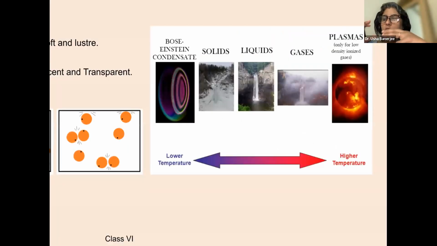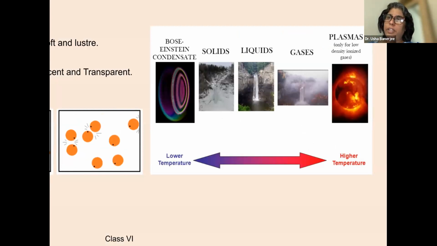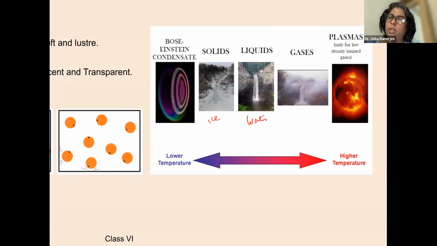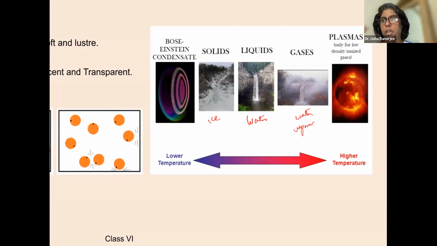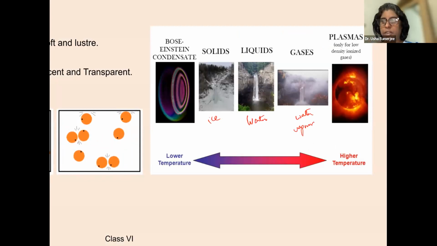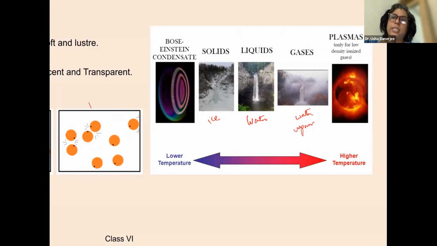Okay. So in solids, the atoms are tightly bound to each other. In liquids, what happened? The next example is ice, liquid is water, and this is water vapor. Liquids basically take the shape of the container in which they are kept, right? And gases do not have any shape. You can actually compress gases a lot, and they are always in this kind of random motion.